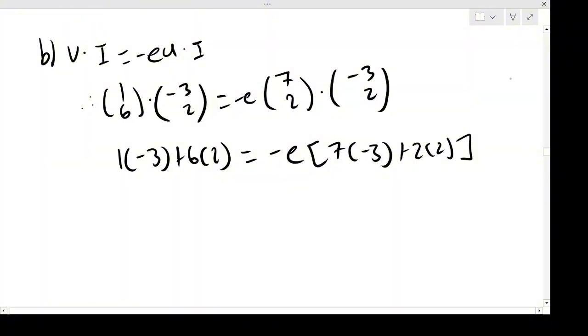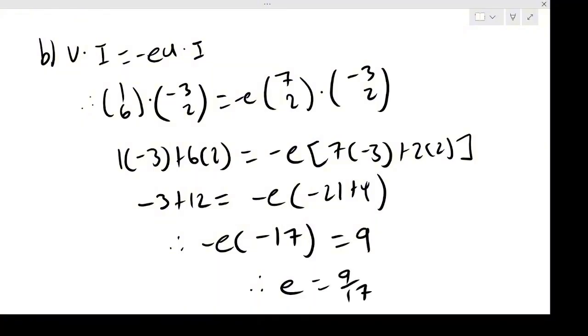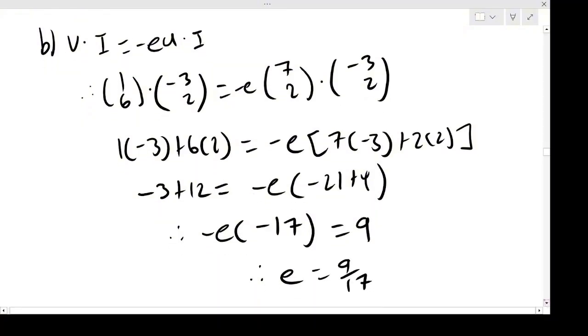And so simplifying this gets me -3 add 12 is minus e lots of -21 add 4. Therefore, that will go to 9 is minus e lots of -17. So that means e is going to be 9 over 17. And there we are. That's my coefficient of restitution there.